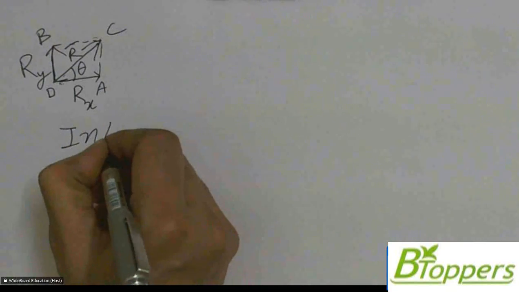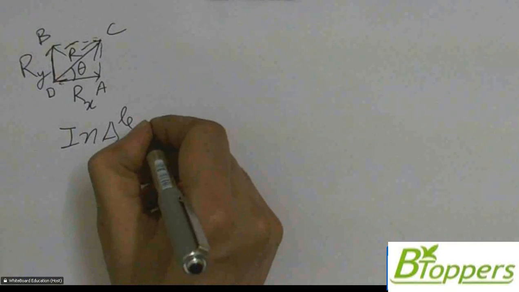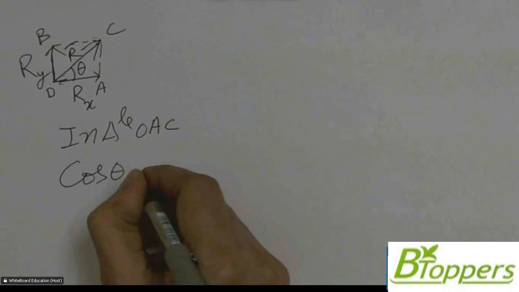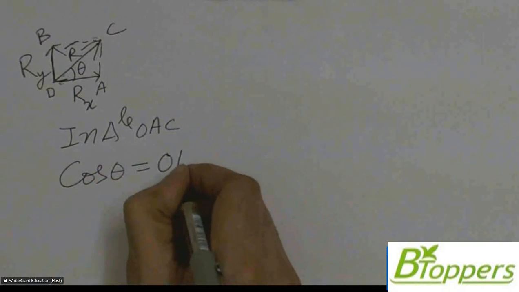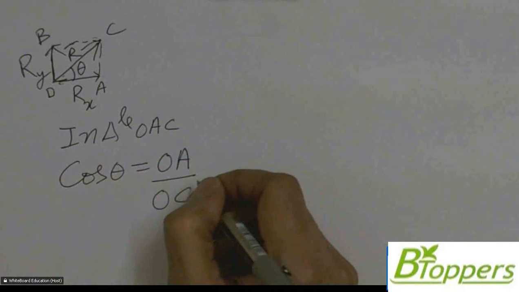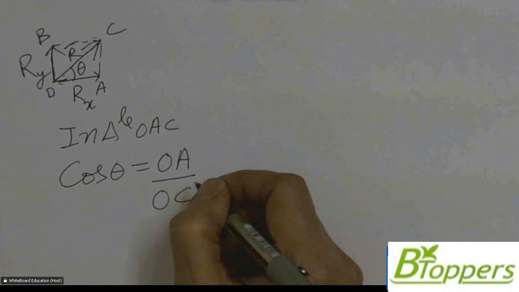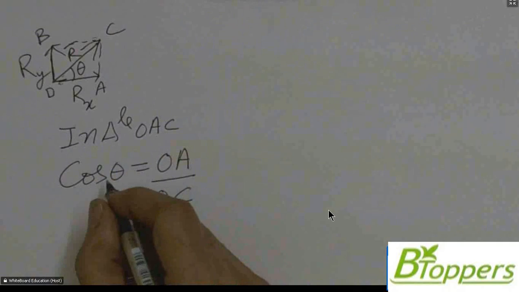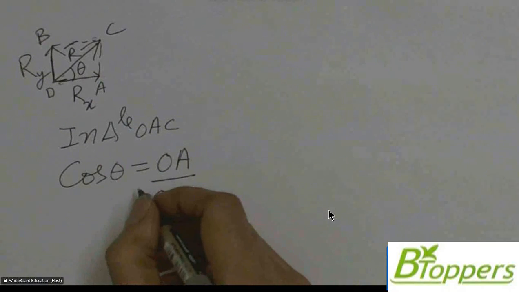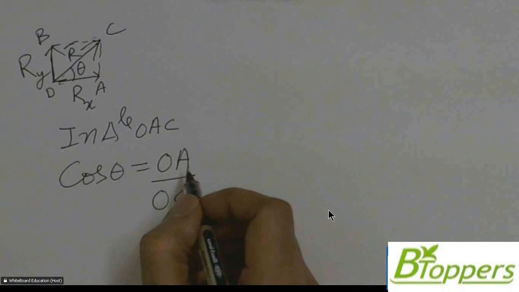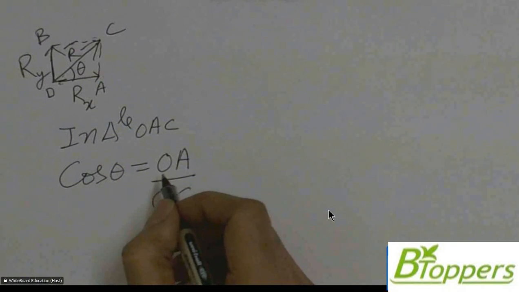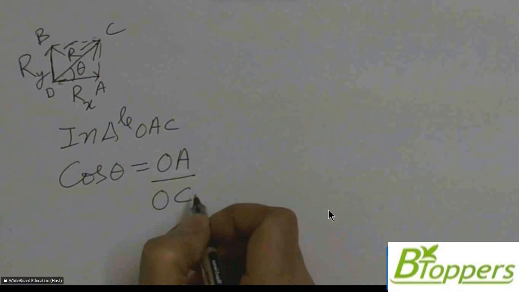So in the right angle triangle OAC, cos theta is equal to the length of the side adjacent to the angle theta divided by the length of the hypotenuse side. So cos theta can be written as OA by OC.